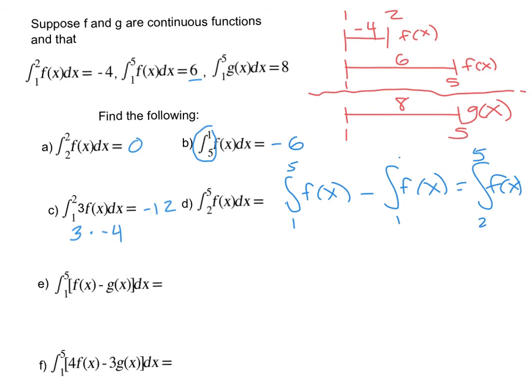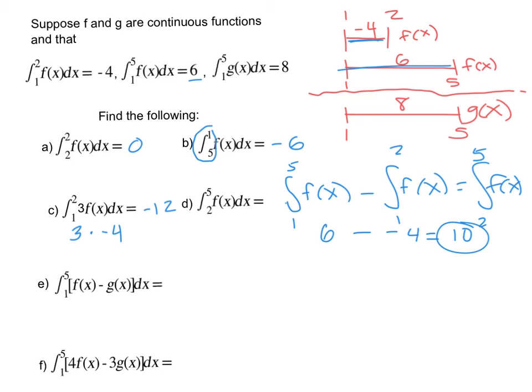This makes sense. We're taking the 1 to 5, this whole guy, and we're taking off the 1 to 2, and that leaves us with our 2 to 5. So 1 to 5 was 6. 1 to 2 is -4. So we end up with 10. Right? So that's that process.